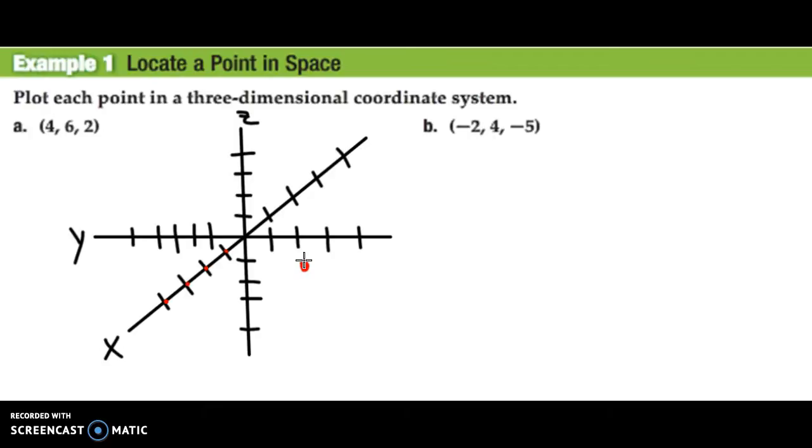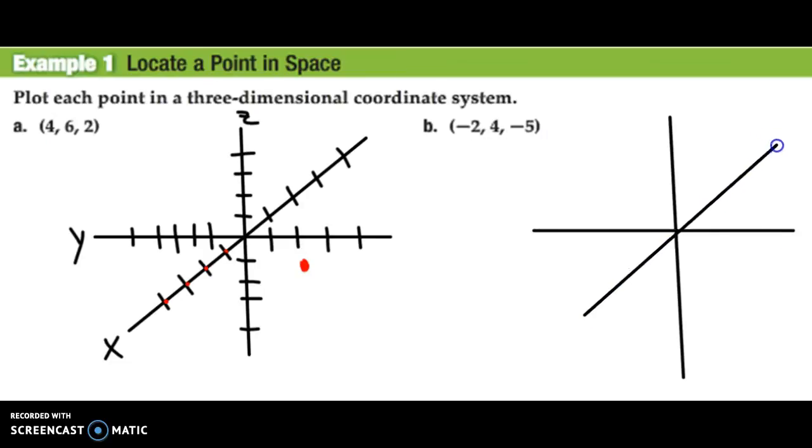Okay? If I was going to do the same for my next problem, I make my coordinate plane. Okay? Remember I have x, y, and z plane. Okay?